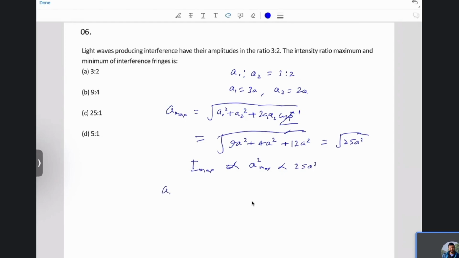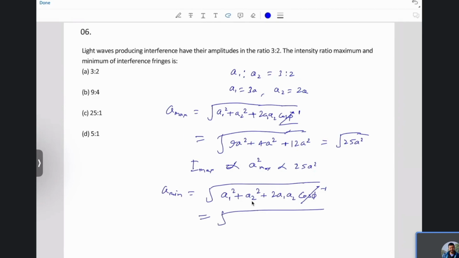And similarly, A minimum will be when cos phi is negative. Sorry, cos phi can go negative, so the minimum will happen when cos phi is minus 1, right?